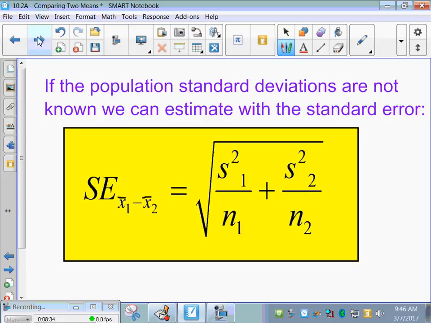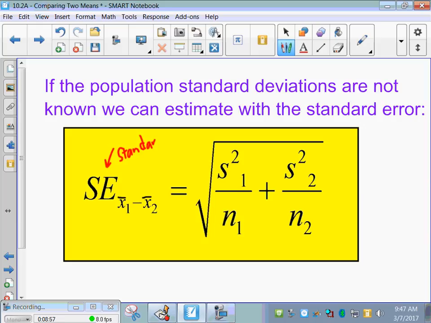Okay. So just like we did last time, we talked about standard error for proportions. That's when we replaced our p's with our p hats, right? What are we changing this time? Yeah, our standard deviation. So SE stands for standard error.